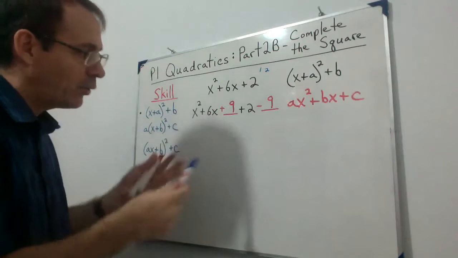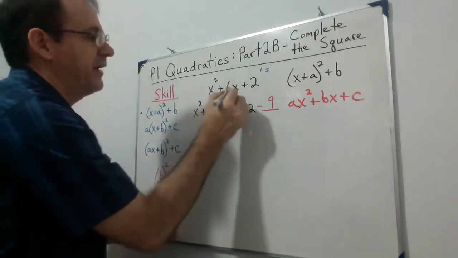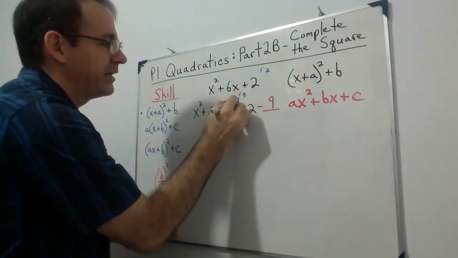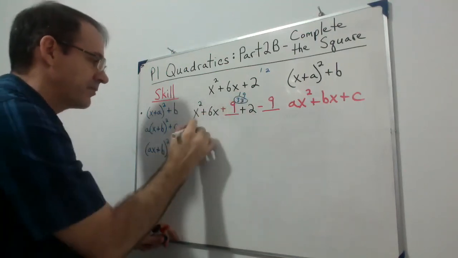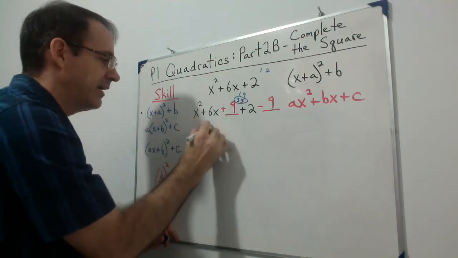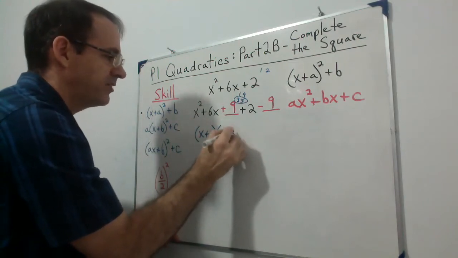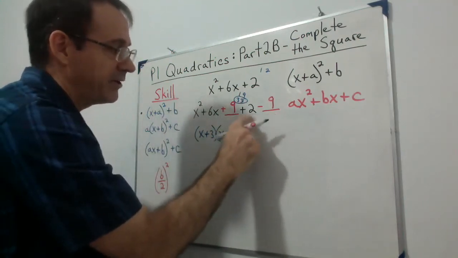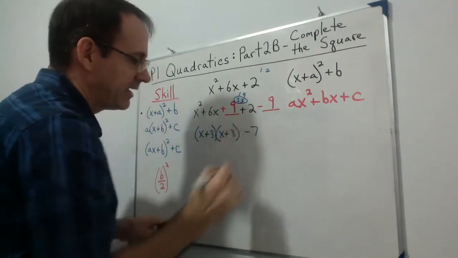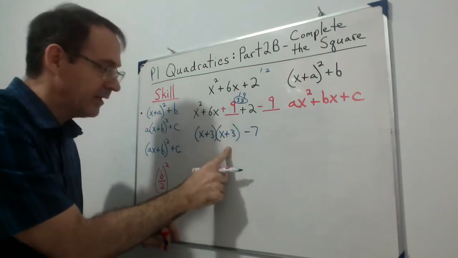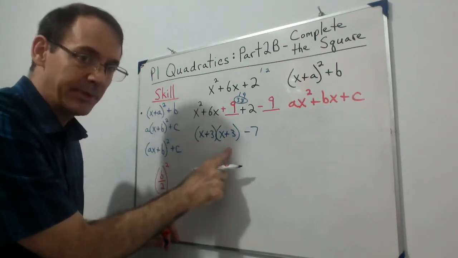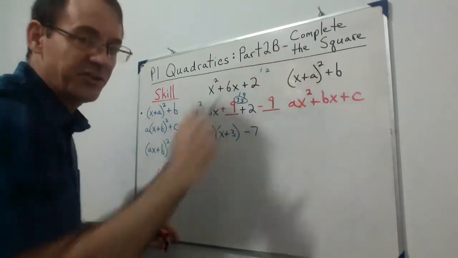So now we can actually factor this. The factors of 9 are 1 and 9, 3 and 3. They have to add up to be 6. That's our 3 and 3. So this is x plus 3 times x plus 3. And then this part here, 2 minus 9, is a negative 7. Now these factors are identical, meaning when you have the same thing multiplied by itself, that's the same thing as a square.